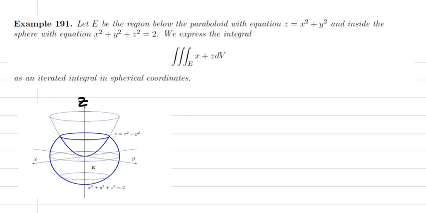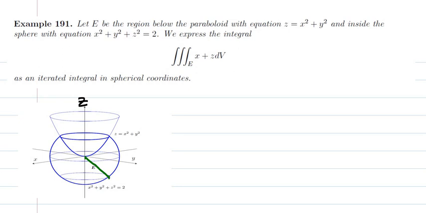So you want all of the points inside the sphere, but below the paraboloid given by the equation z equal to x squared plus y squared. Now, if you look at this region, you can see if you pick an angle, phi and theta, and you draw a ray, then one of two things could happen. If you pick a ray below the xy plane, you see it starts at the origin and it ends on the sphere.